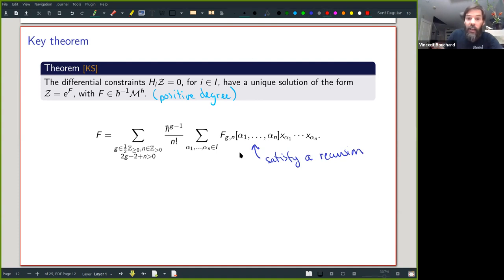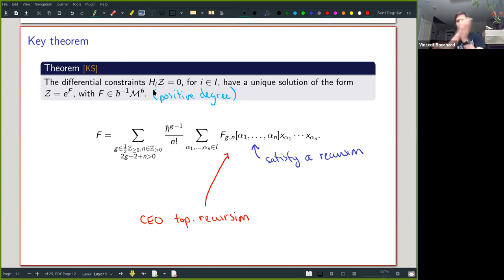Okay, so that's first a powerful statement, and you can write down the recursion very explicitly. And in fact, this was the original motivation of Kontsevich and Soibelman. There's something that is called the Chekhov-Eynard-Orantin topological recursion, which was formulated in a very different language. You start with a spectral curve, you construct some differential forms on that spectral curve, and so on. But it turns out that this is just a special case of array structure. So out of this CEO topological recursion, you can extract the F_{g,n}, and then these are basically forming the free energy of an array structure.